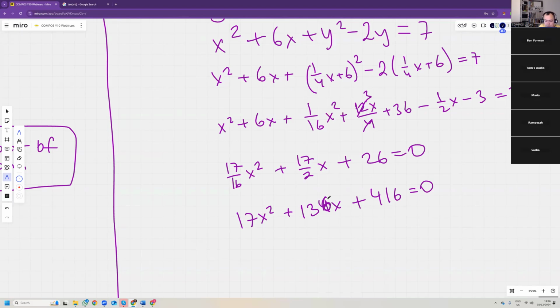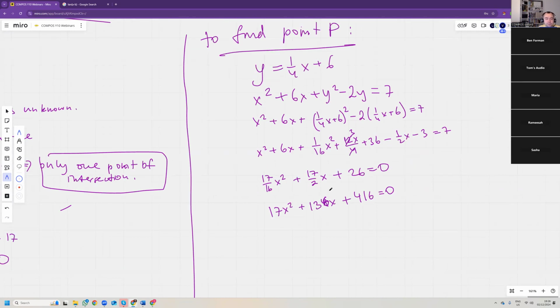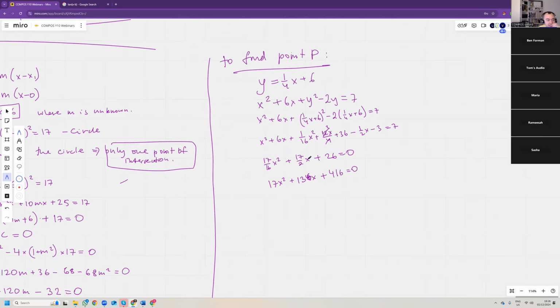Still no solutions. It should have one solution, but it doesn't. Not sure where I made a mistake. Sorry, it's not really important.